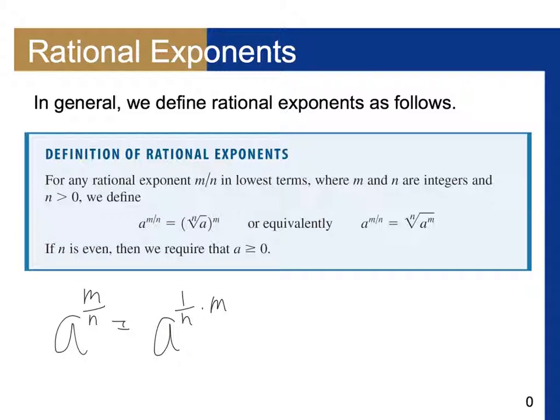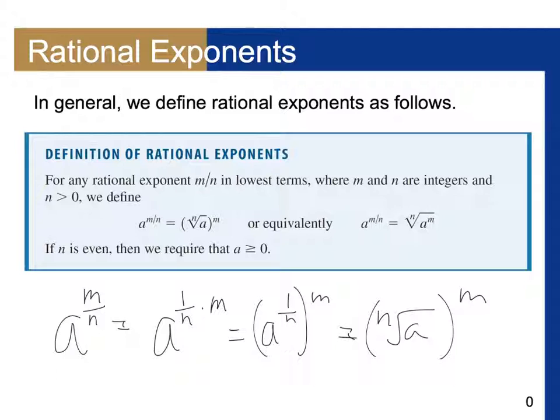Now, what I did was break out that fraction so it's in two parts. That's equal to a to the 1 over n, in parentheses, to the mth power. I'm just using my rules of exponents there. Then we can write that as a radical: the nth root of a, which is a to the 1 over n, to the mth power. So that's how we get that first thing there.